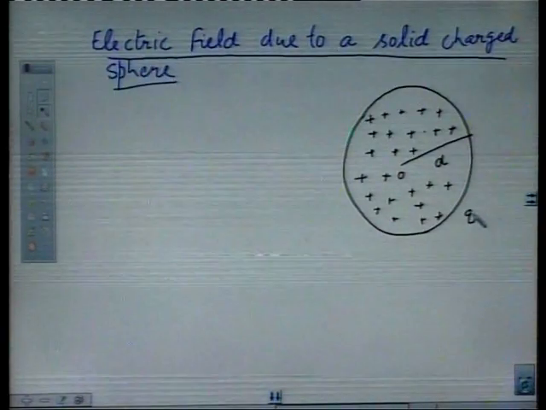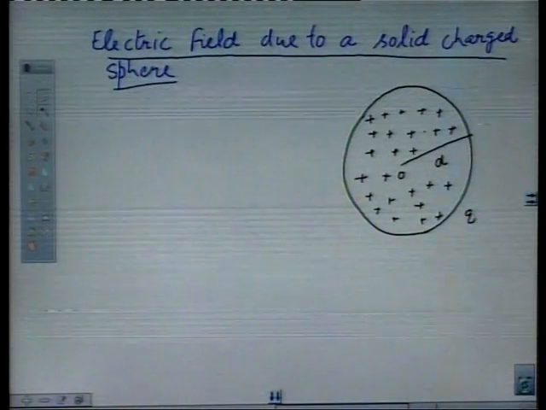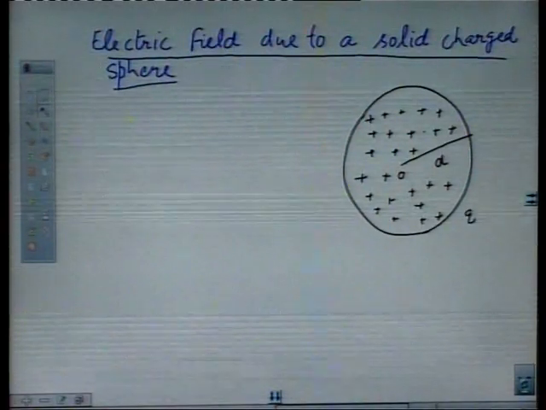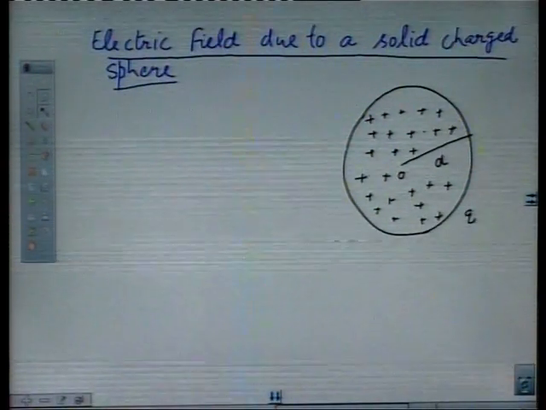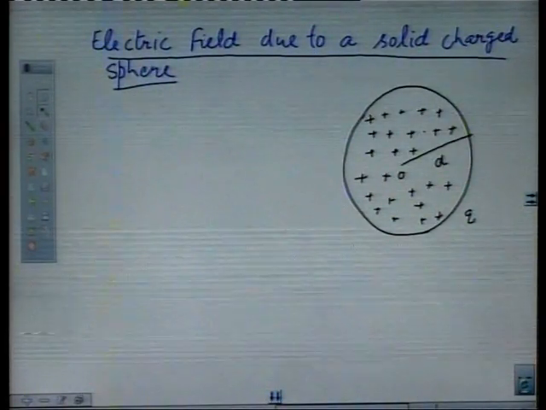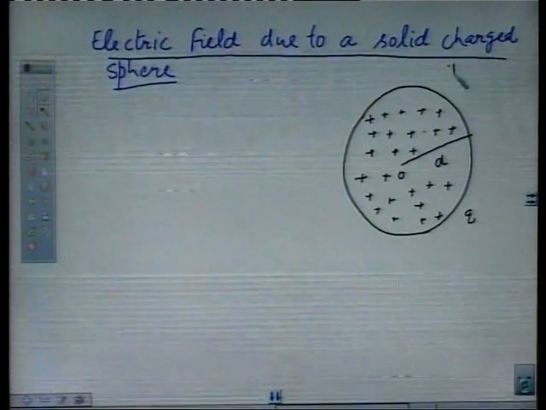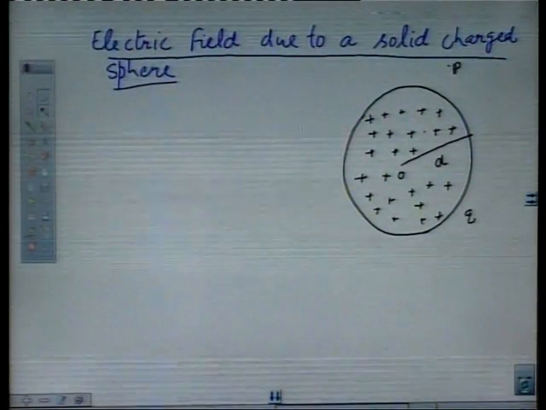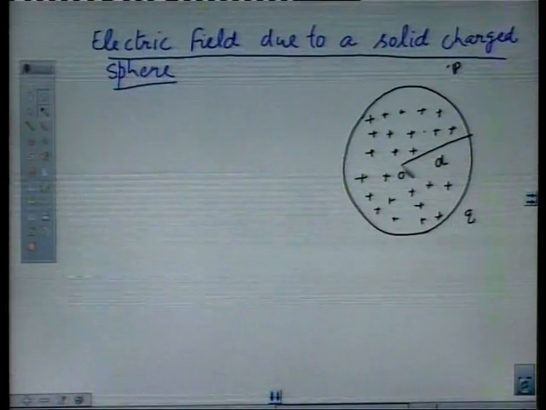So the total charge given to this sphere is q. Now we have to find different electric fields at different points. Suppose the first point is P, which is lying outside the sphere. We have to find the electric field at this point.